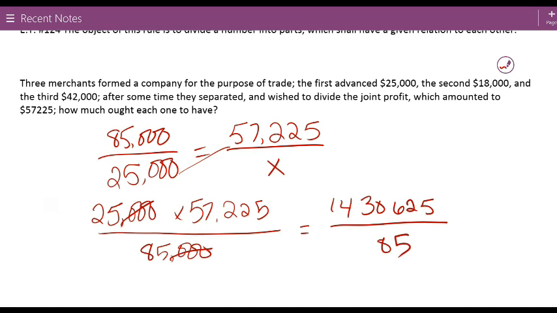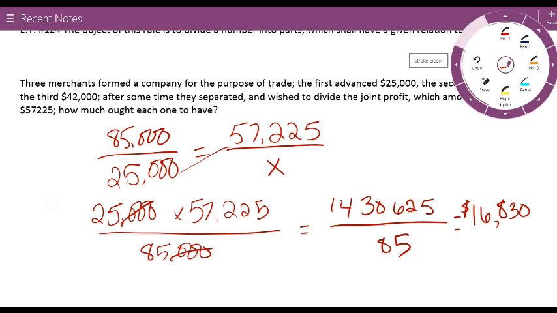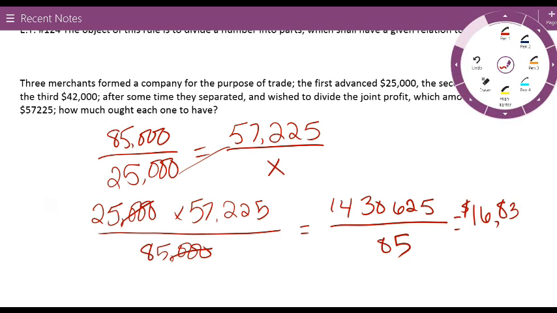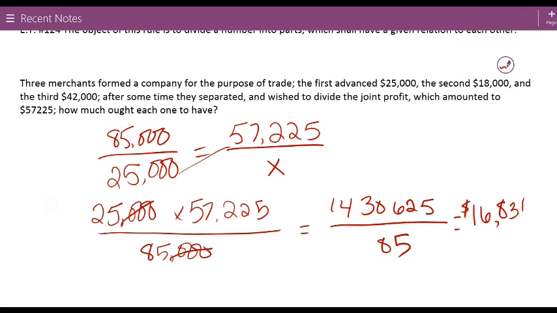And so we find that this merchant gets roughly $16,830, and that is rounded, or I guess if we're going to be rounding it, it would be 31. There's a decimal after that.